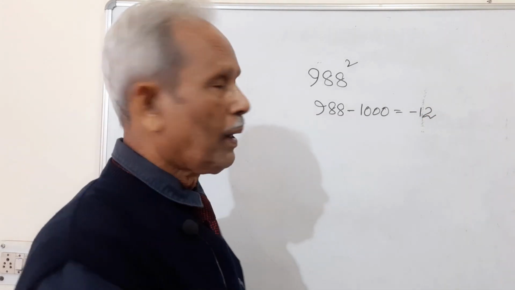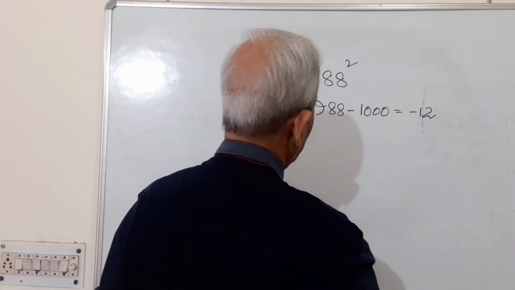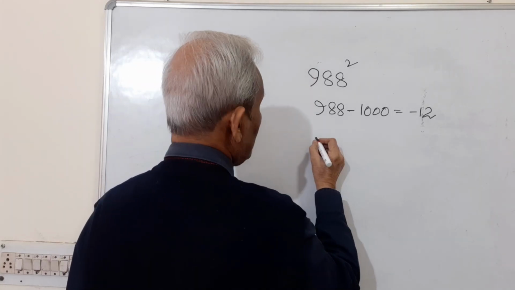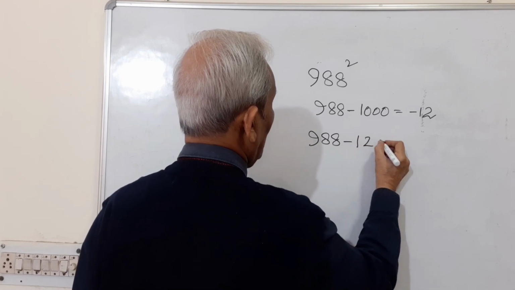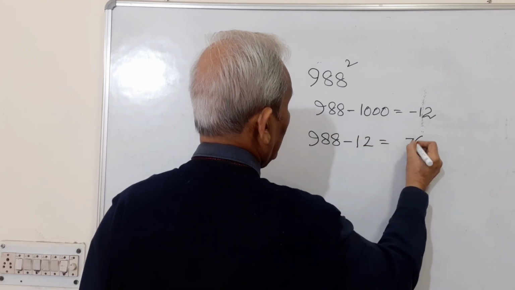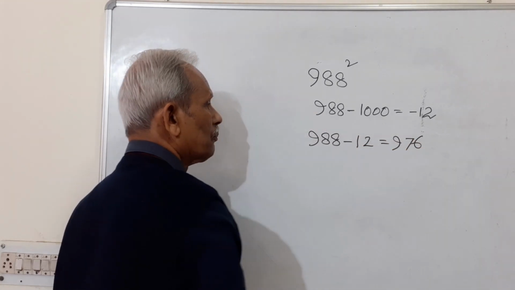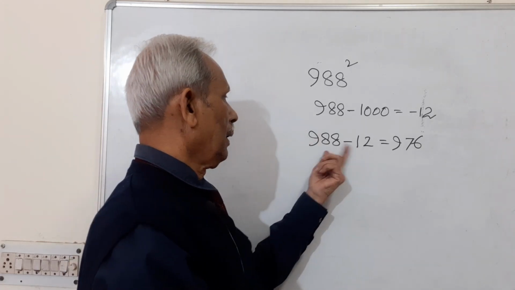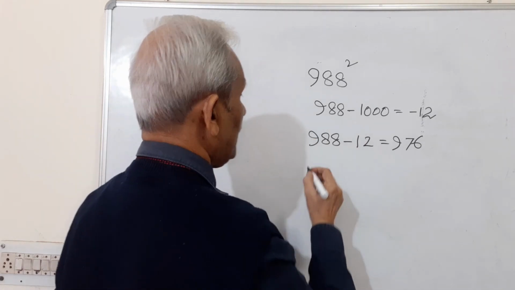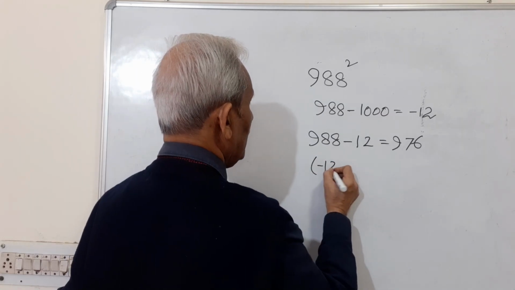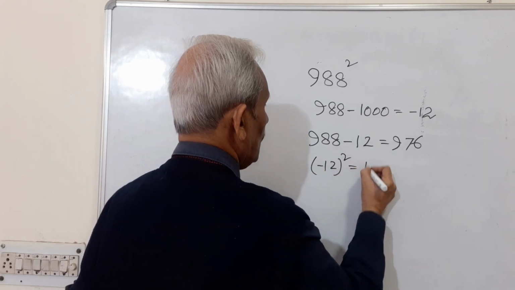Now if it is -12, then the first part of the answer is 988 minus 12, which is how much? 976. Okay? And the second part of the answer is -12 square, equal to 144.